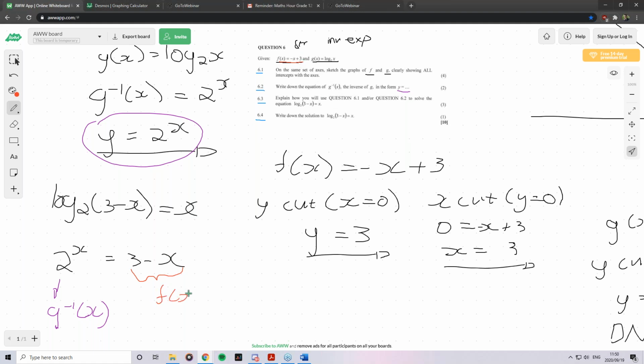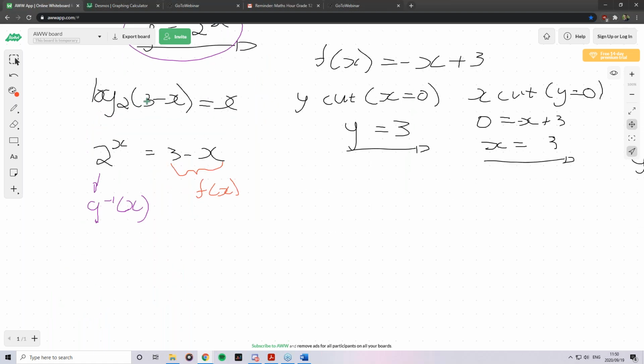So what this means is that solving log base 2 of 3 minus x is equal to x, what we actually mean is we're saying: where does f of x and g inverse of x intersect?